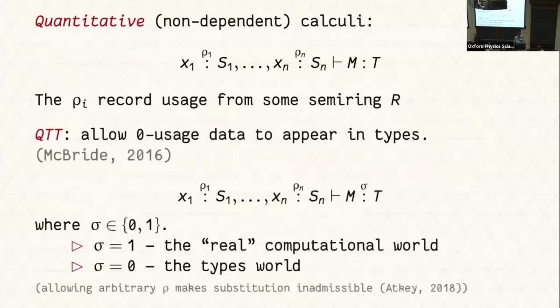So here? Yes. So you cannot have x1. Oh, no. The point is that because this is a semiring, you add up the different ways it's being used.